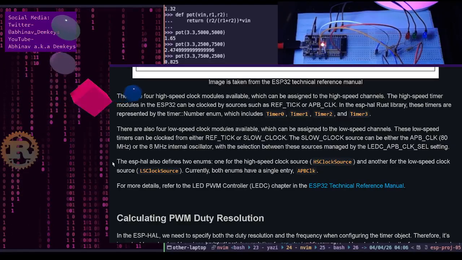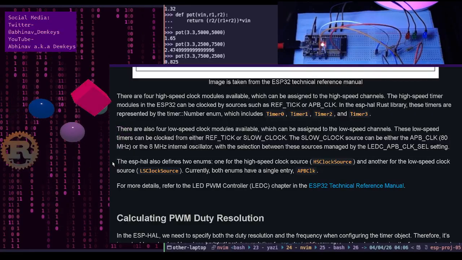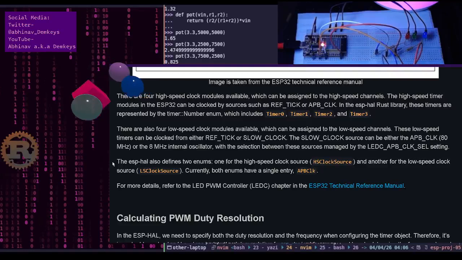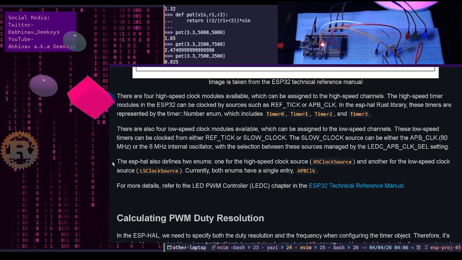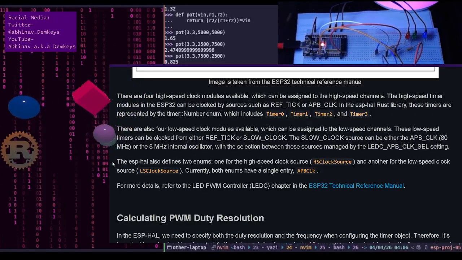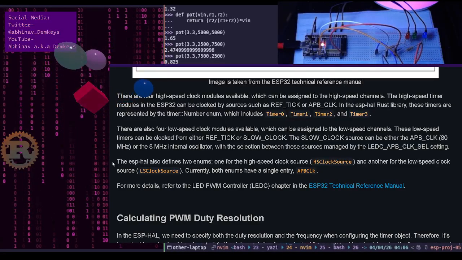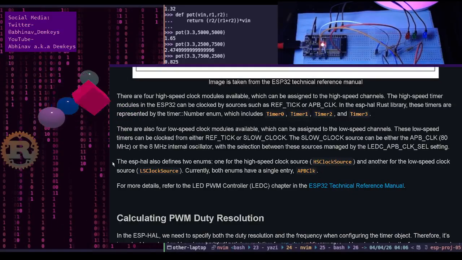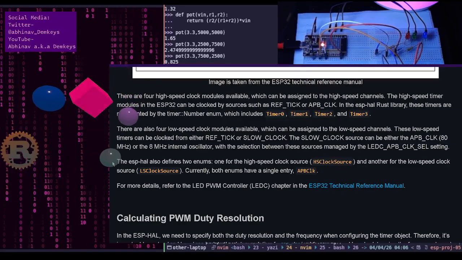There are four high-speed clock modules available, which can be assigned to high-speed channels. The high-speed timer module in the ESP32 can be clocked by several sources. In the ESP-HAL Rust library, these timers are represented by the timer number enum, which includes timer 0, 1, 2, and 3. There are also four low-speed clock modules available, which can be assigned to the low speed channels.